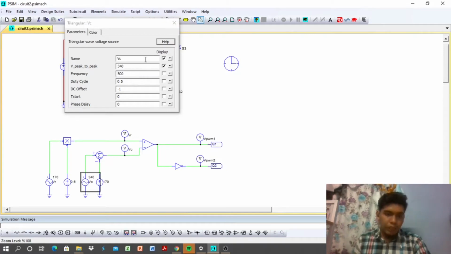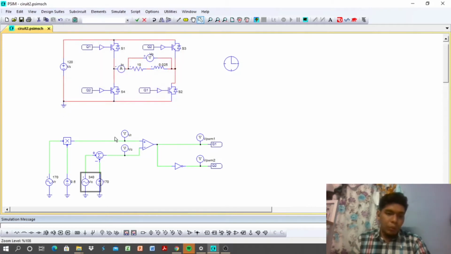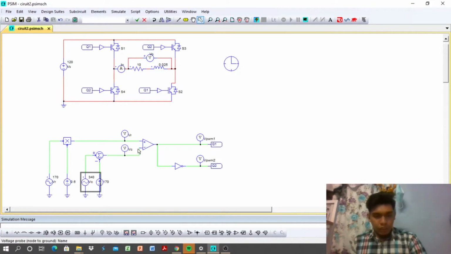We put there 500 Hz, and we connect it together with the voltage reference at the comparator, and the comparator will connect to Q1 and Q2. Q1 is for the IGBTs S1 and S2, and Q2 is for the IGBTs S3 and S4.